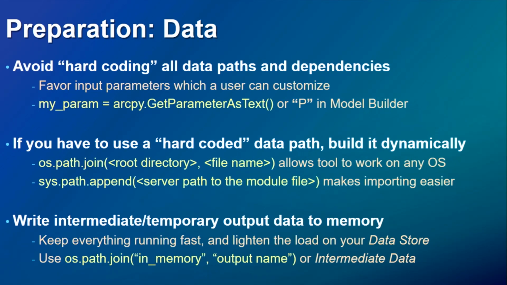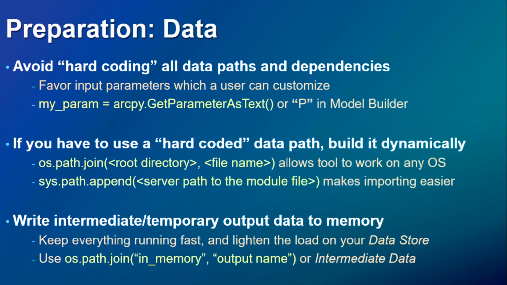It's going to be available locally as you're testing it, and it'll work great. But that same path might not be available on the server. Check out the SYS module to append that path to your list of recognized paths before you attempt to import it. That'll help you avoid issues on the server side when the tool is trying to run and it can't import that module for some reason.